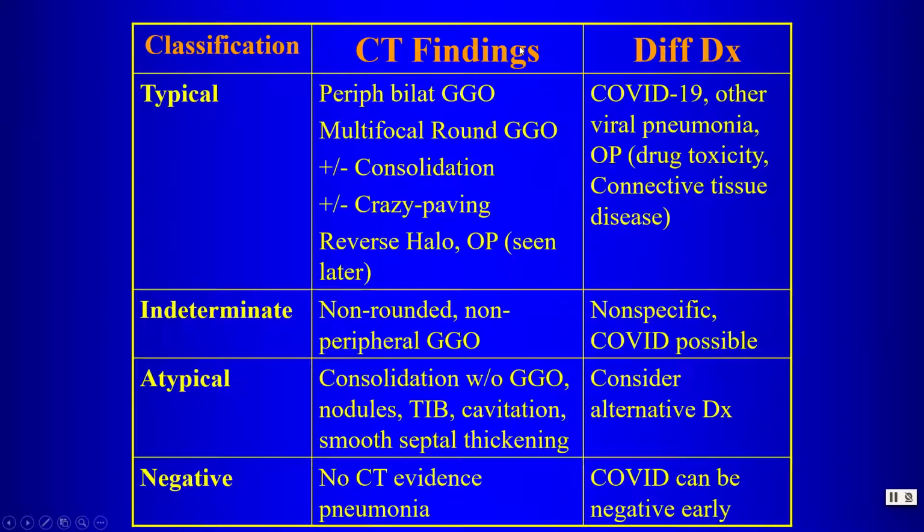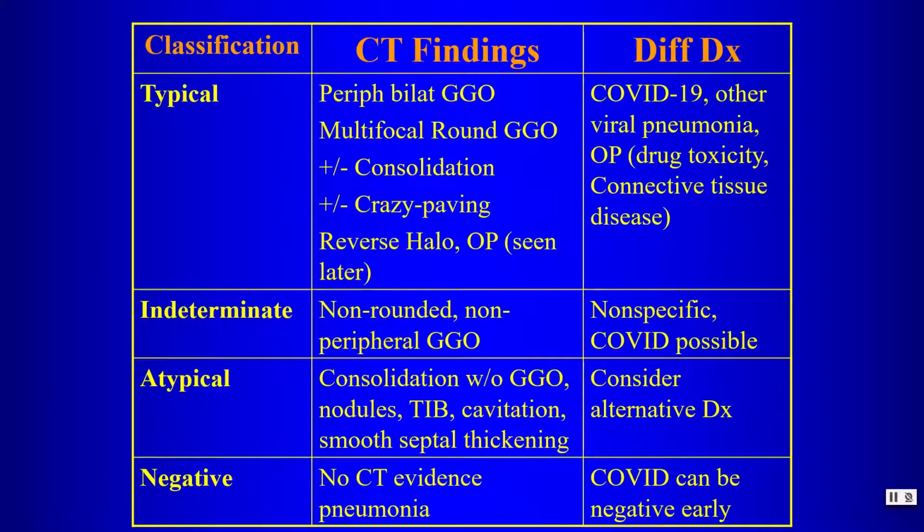So the typical findings that we might see on CT are peripheral ground glass opacities. Sometimes they may be round. There may be crazy paving. Sometimes there can be a reverse halo sign. Sometimes it may result in organizing pneumonia. There are other appearances that may be indeterminate, like non-rounded or non-peripheral ground glass opacities.